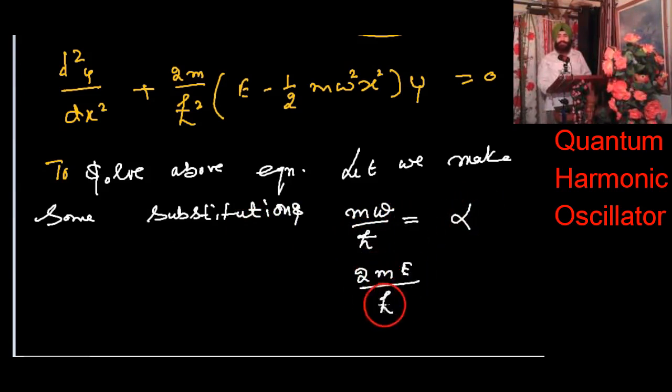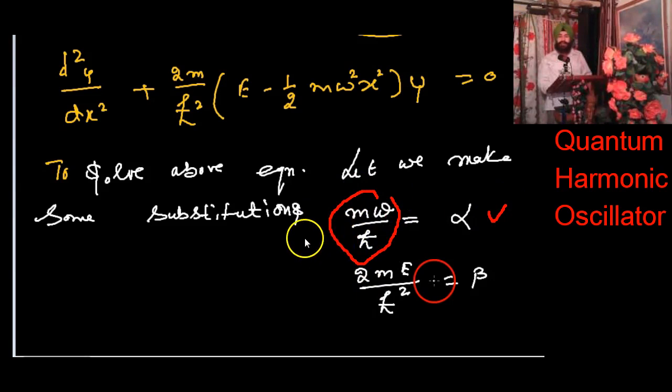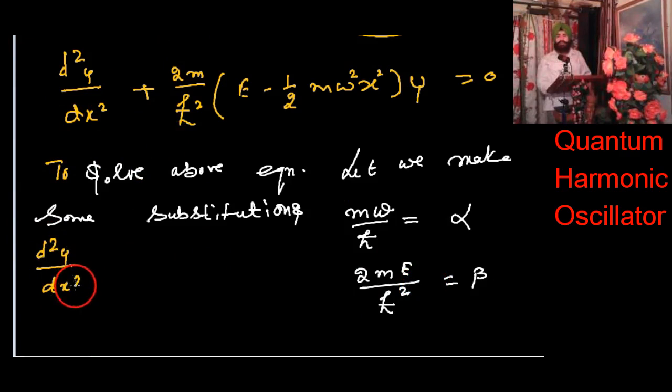Now to solve the above equation, we are making some substitutions. Very important substitutions. First of all, alpha, very, very important. Remember always. Let m omega over h cross be alpha, and let 2mE upon h cross square be beta. So these are the two assumptions or substitutions.